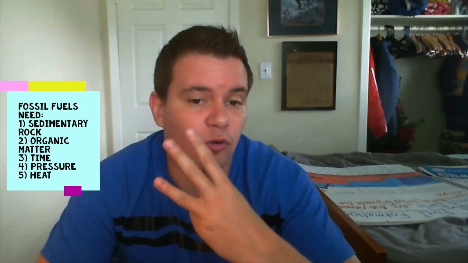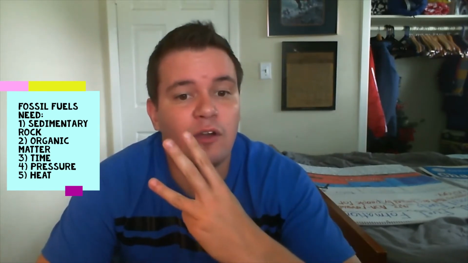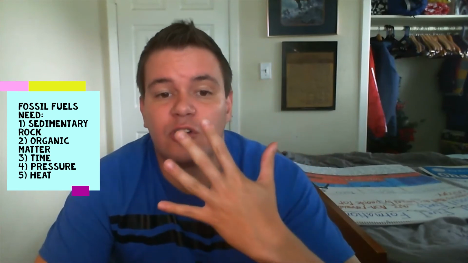Fossil fuels can take up to hundreds of millions of years to form. So you have to have a lot of time. Four, you need pressure. You need to have the weight of layers of rock on top of your fossil fuels. And five, you need heat. So you need all five of those in order for fossil fuels to form successfully.